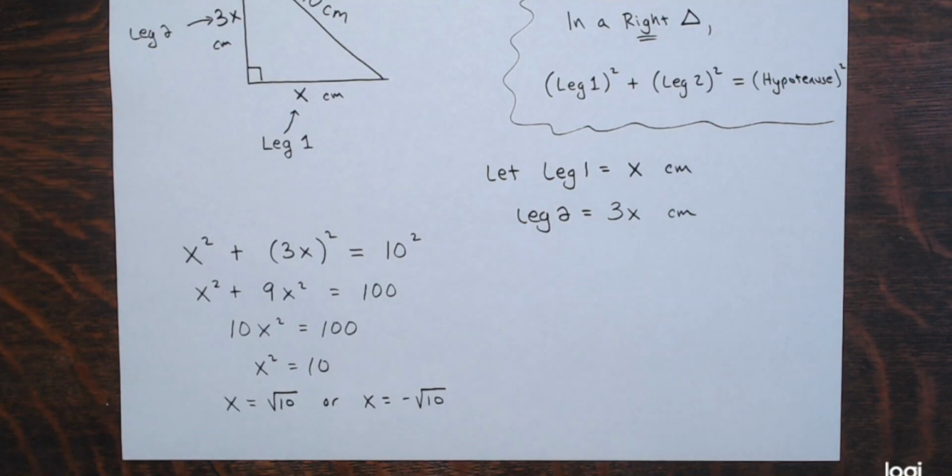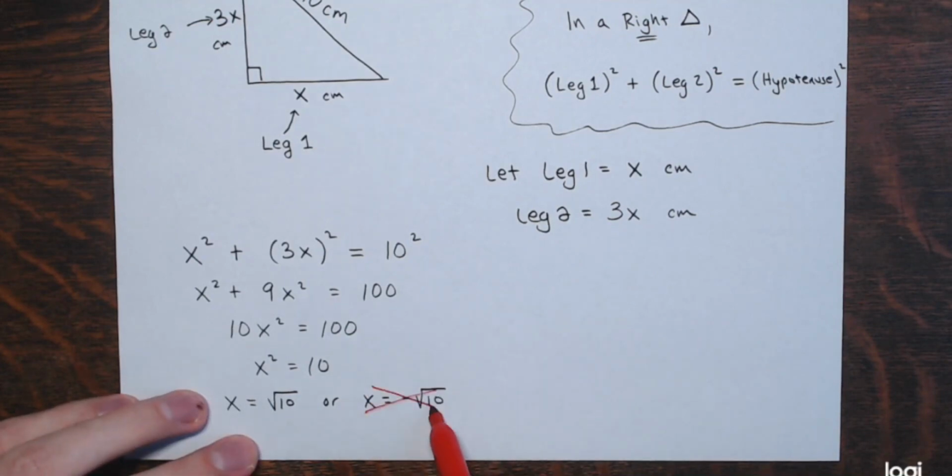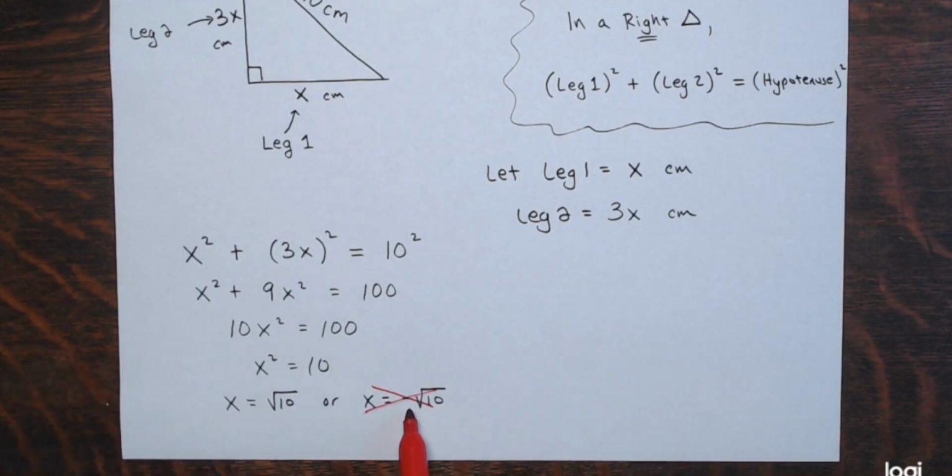But as we've seen in earlier problems, we're talking about the length of a leg of a triangle. So no negative lengths. Get rid of this negative solution. That doesn't make sense in the context of the problem. So there, square root of 10.